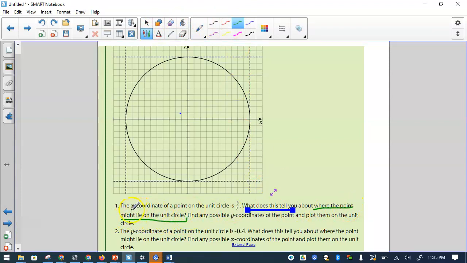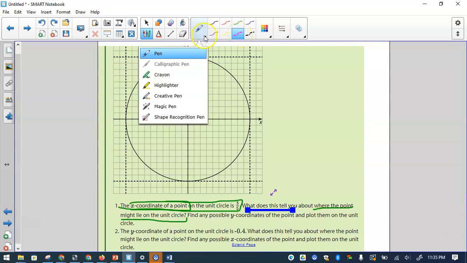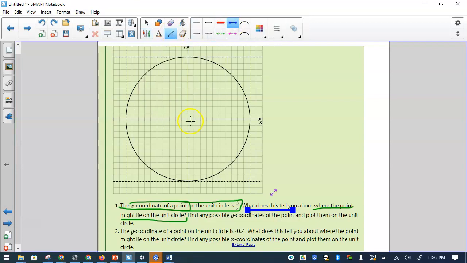So the x coordinate of a point is given. So 3/5 is the x coordinate. Now what does this 3/5 basically mean? So let's put this is 1, right? If that is 1, each of the spaces is 1, 2, 3, 4, 5, 6, 7.